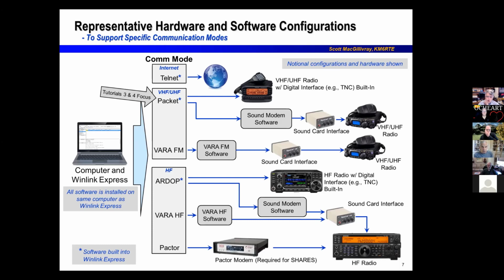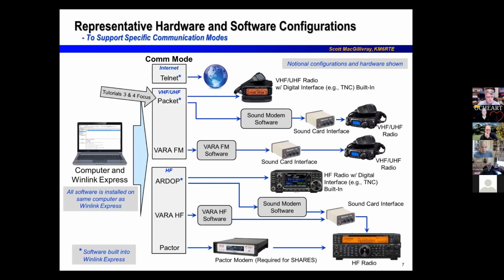If we had a large area emergency where the internet was down through most of Southern California, for example, or Orange County and LA County, and you needed to get outside the area to an internet connection, like to Arizona or Northern California, HF would provide you with that longer distance communication capability.